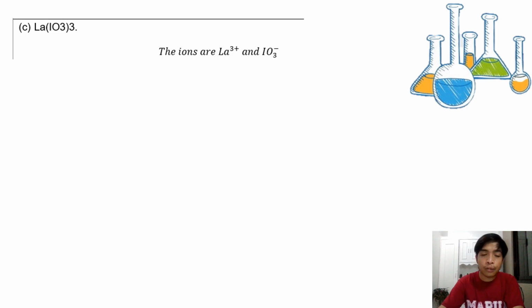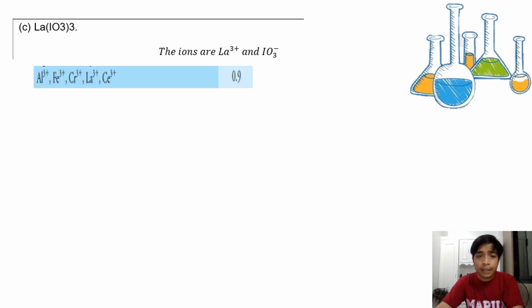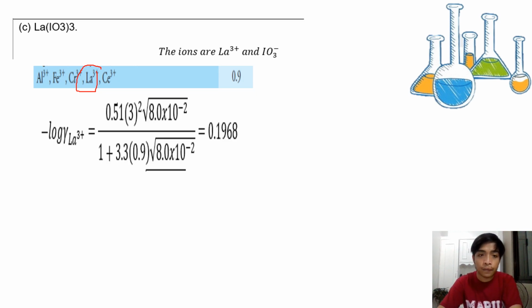Next, we will proceed to the third, which is the lanthanum iodate. The ions are lanthanum and iodate anion. For the lanthanum ion, the charge is positive 3 and the effective diameter is 0.9 rather. Substituting those values to the Debye-Huckel equation, we'll obtain 0.1968 as the activity coefficient of the lanthanum ion.